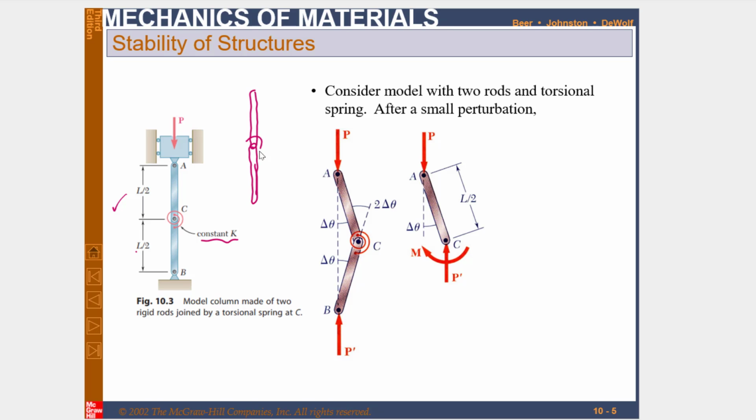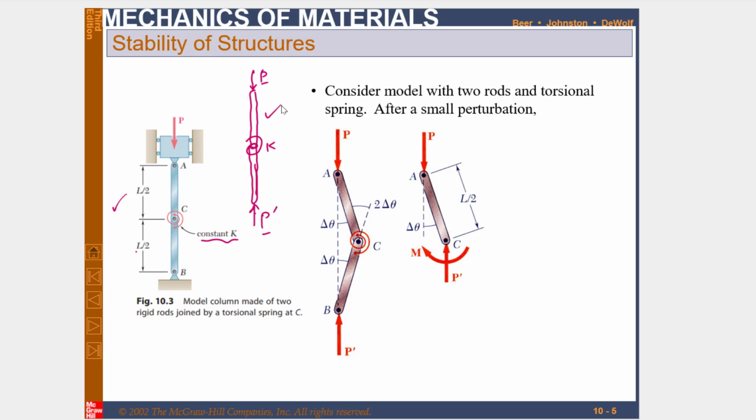So here there will be a torsional spring K, and the load is P and P dash. Clear? If the two rods and forces P and P dash are perfectly in line, if these two forces are perfectly aligned and these two rods are perfectly aligned, the system will remain in the position of equilibrium as shown over here.